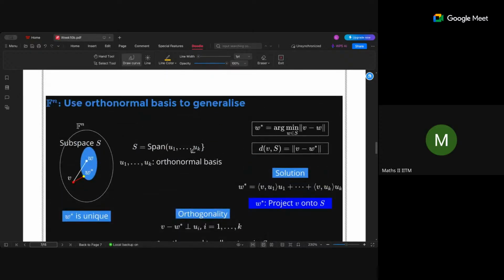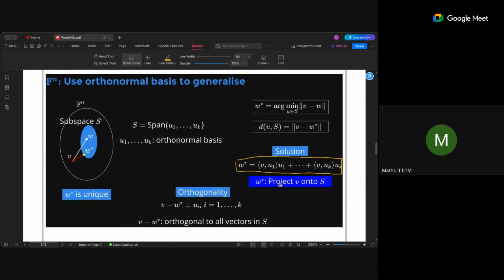In that case, you have a basis, and you know how to convert it into an orthonormal basis. Once you have an orthonormal basis, the projection of v onto s is given by the formula here. So you have the formula for w star in case of a bigger set s.